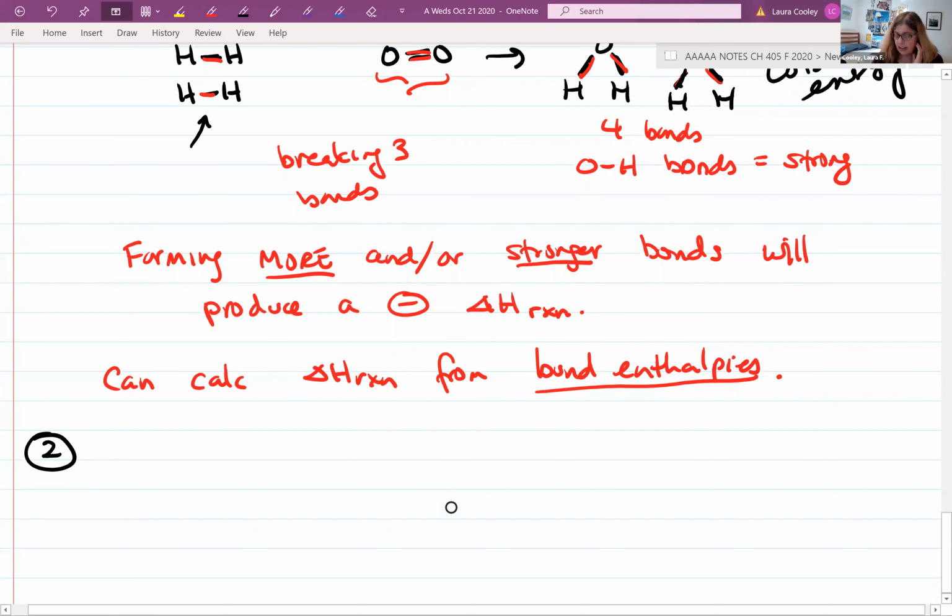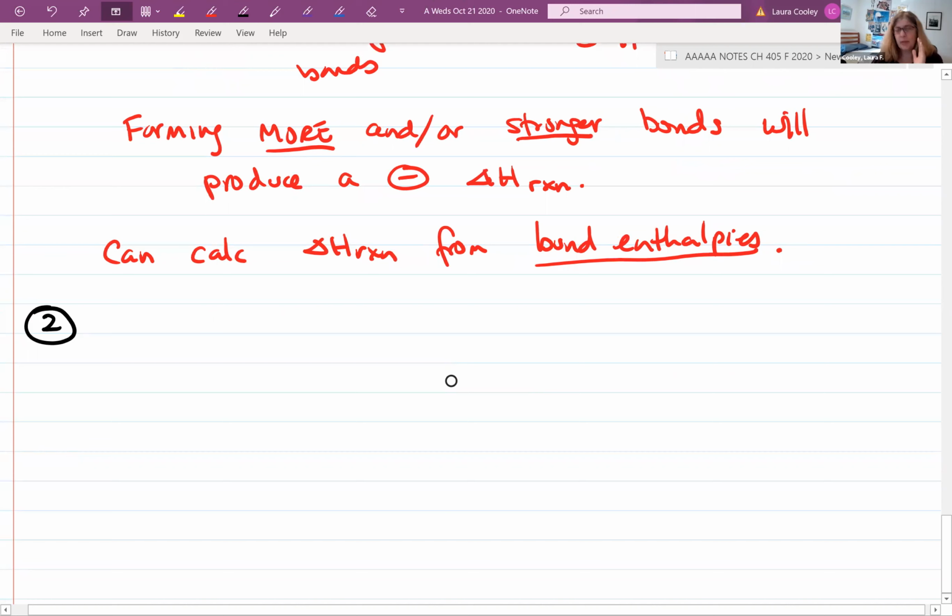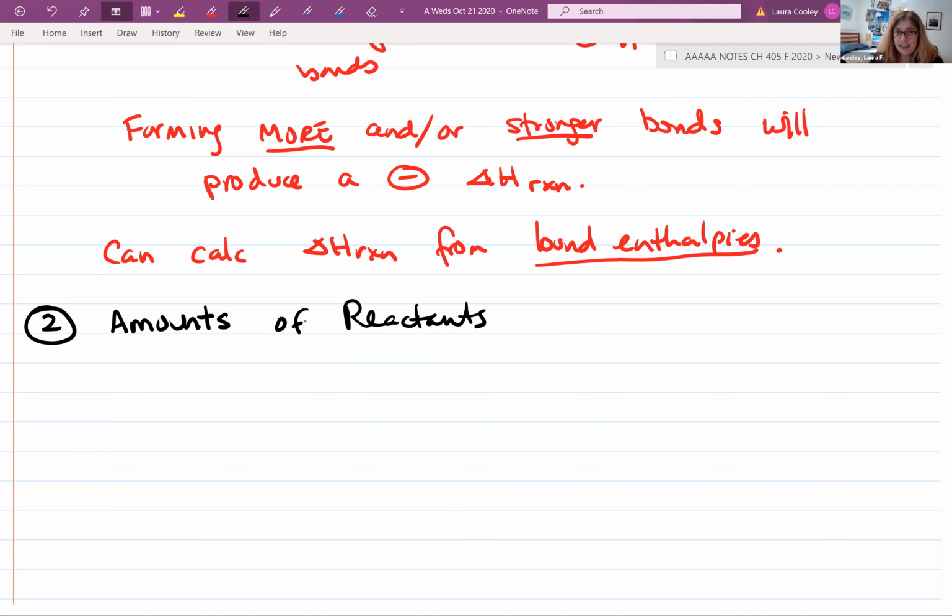So the next thing I'd like to bring up is something that we've really already used. I've kind of assumed it, but I want to say for the record that delta H's depend on amounts of reactants. If you're producing 1 mole of something versus producing 10 moles of something, that change in enthalpy will differ by a factor of 10.